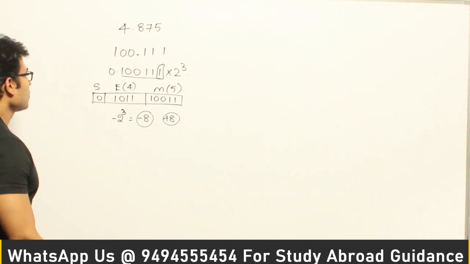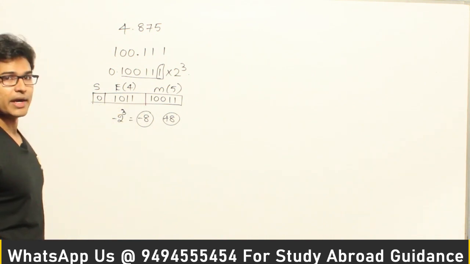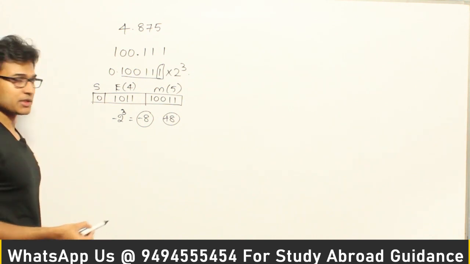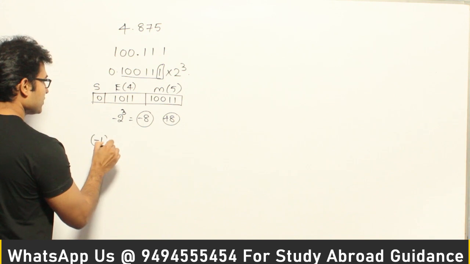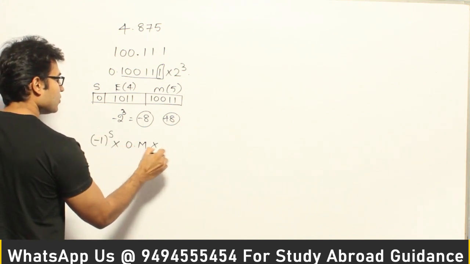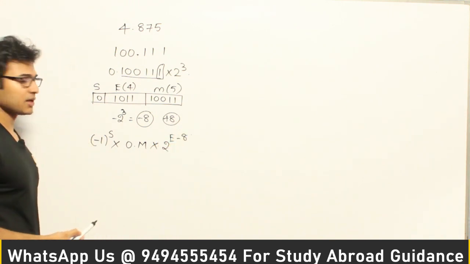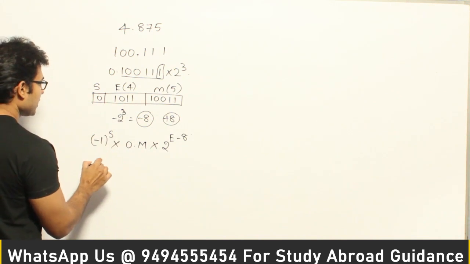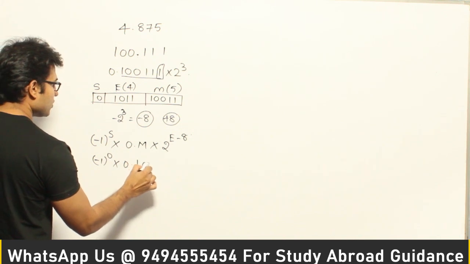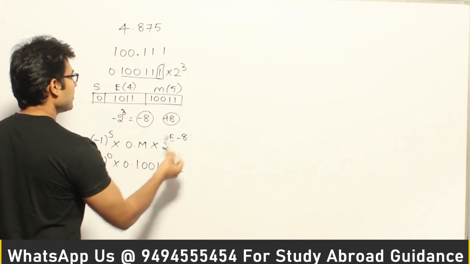Got it? So if you observe this representation, if I have to convert back to the actual number, the formula that we are using till now, in explicit representation, is minus 1 power s times 0.m times 2 power exponent minus bias. Exponent minus bias is 8, right? So if you write this, you get minus 1 power 0 times 0.m, which is 10011, times 2 power e minus 8.